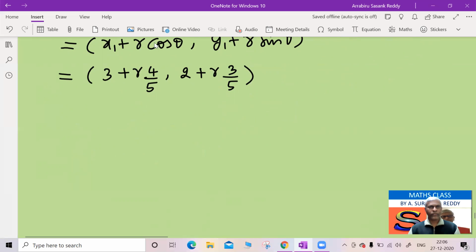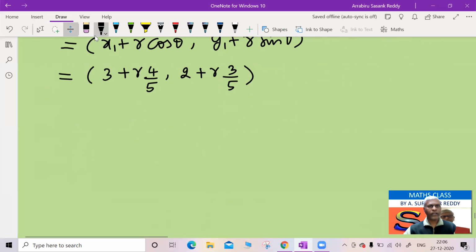Again, we have two cases. Suppose this is a line and P is a point, so there will be 2 points A and B which are at a distance of r units, upward and downward, or left side and right side.